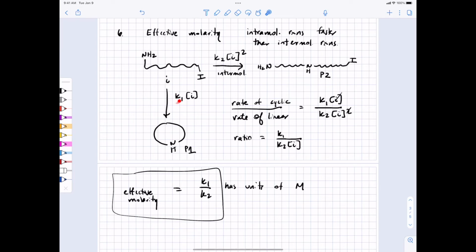It's going to depend on what these rate constants are, but as you can see, it's also going to depend on the concentration. You might predict that if I increase the concentration of my starting material, that should accelerate this reaction more than this reaction, right? Because this reaction has an I squared term, so concentration affects this reaction a lot. It affects this reaction too, but to a lesser extent.